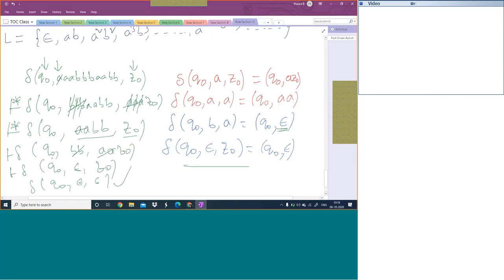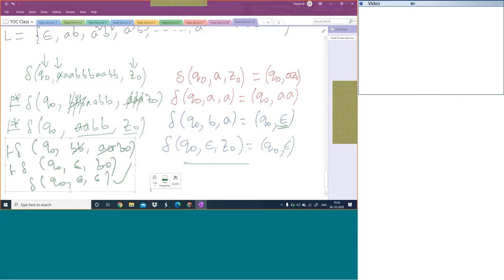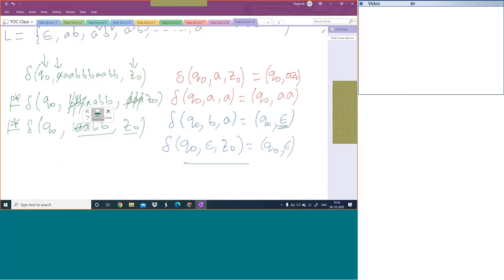Now the mistake here: for 3 B's we are deleting the 3 A's. After that the machine is coming to this initial position, and after that again these 2 A's are being pushed. For these 2 B's, those 2 A's are again popped. So if we avoid the machine coming to this initial position, so that this A will not be pushed into the stack, then the problem will be solved.